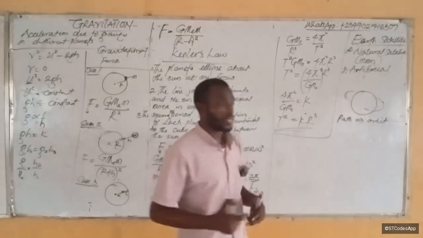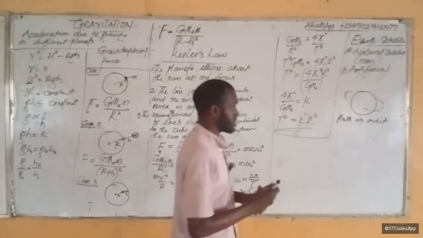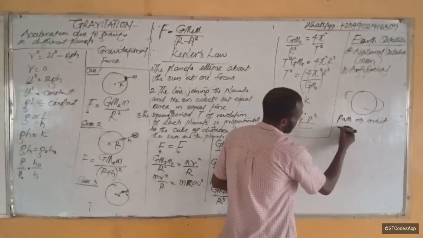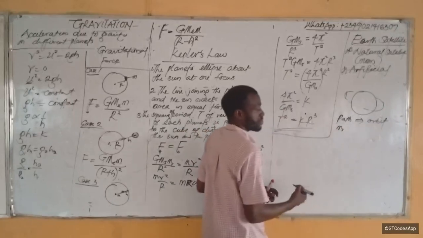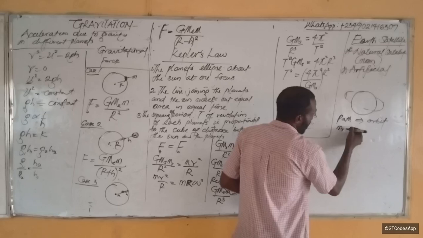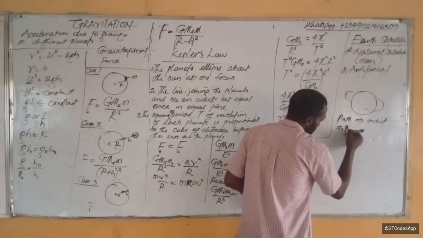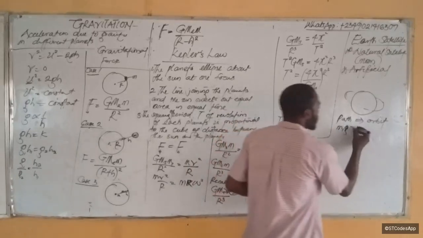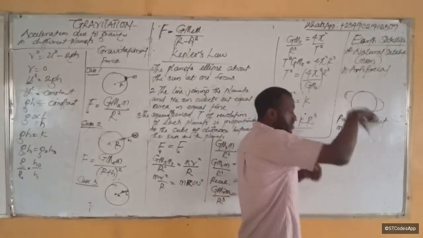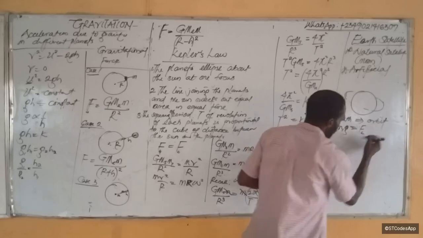Now there is a way that is also derived, since the satellite is always drawn towards it. Let m sub s be the mass of the satellite, so that the force on the satellite is its weight, right? It will feel its own weight, and it will be equal to, since it's moving around, it's going to have centripetal force, right?